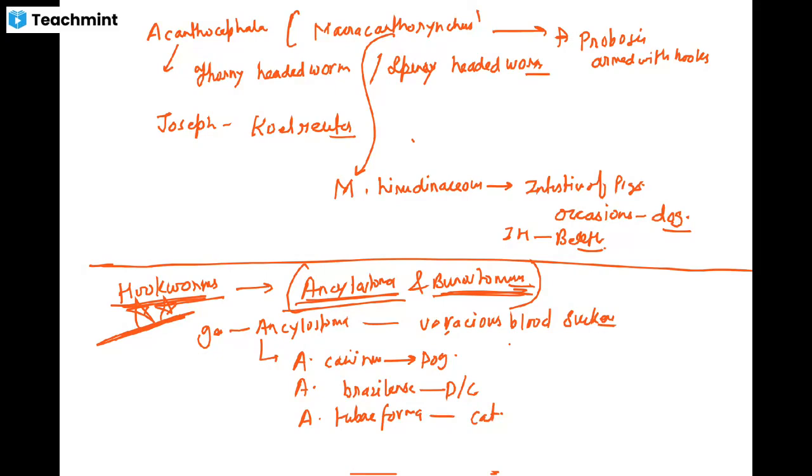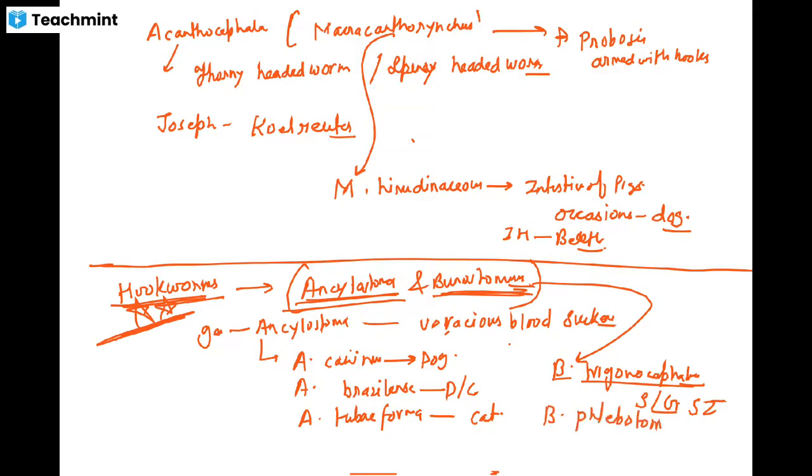In Bunostomum, there is Bunostomum trigonocephalum, present in the small intestine of sheep and goat, and another species, Bunostomum phlebotomum, present in the small intestine of cattle and buffalo.